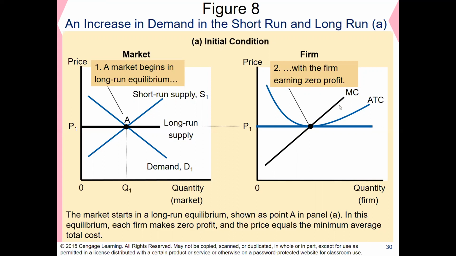The short run supply curve, price, and average total cost are crossing at the same point. This is the efficient scale with the firm earning zero economic profit, where the firm is minimizing the cost.